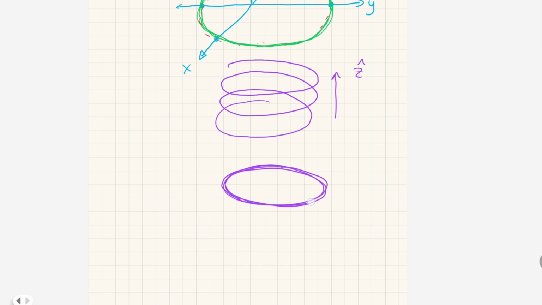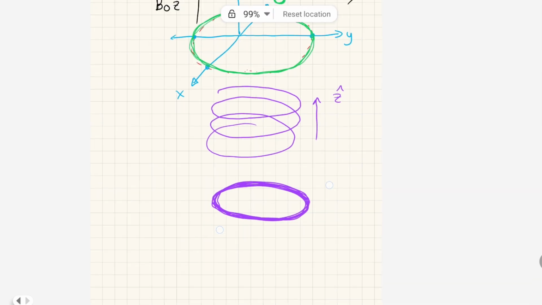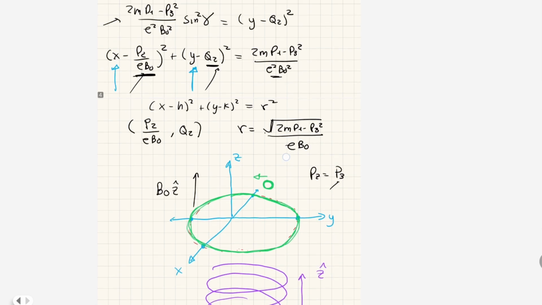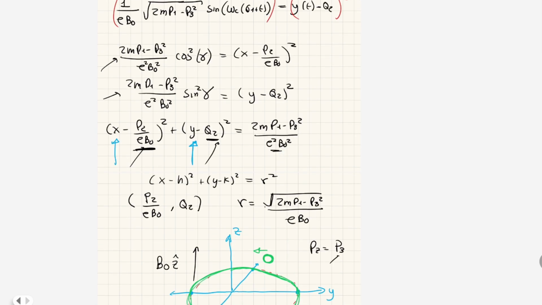That's why it is named the cyclotron, right? Because it makes periodic cycles. Yeah, so the circumference that it makes is projected in the xy plane. So this is what actually this equation is telling us.